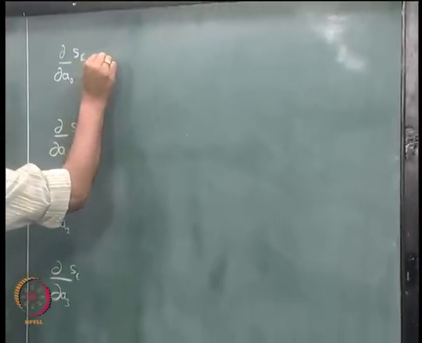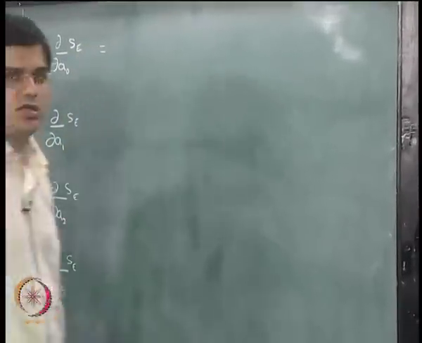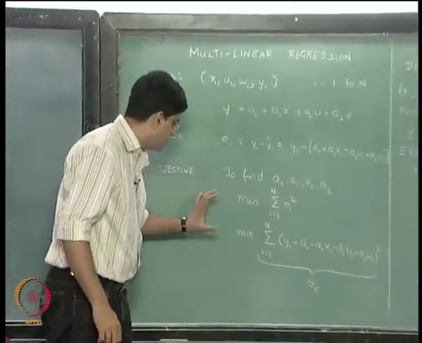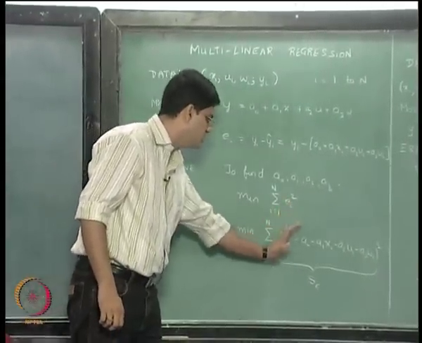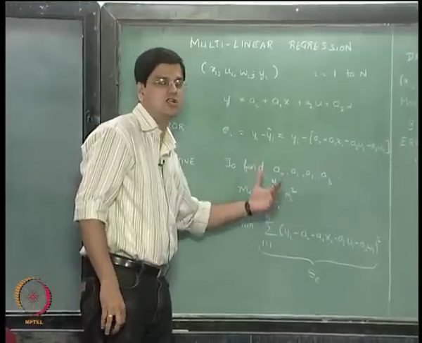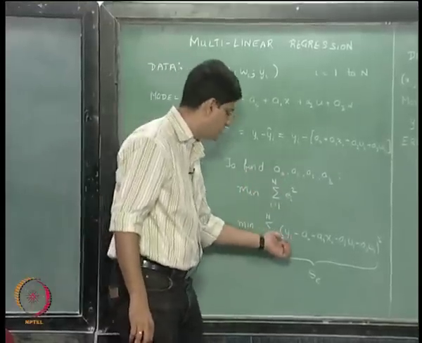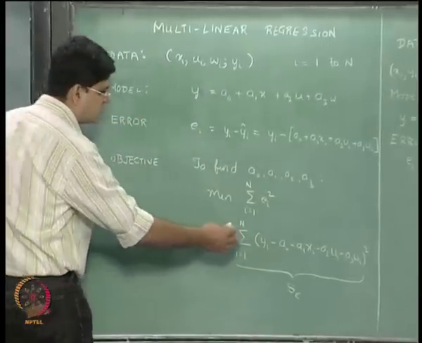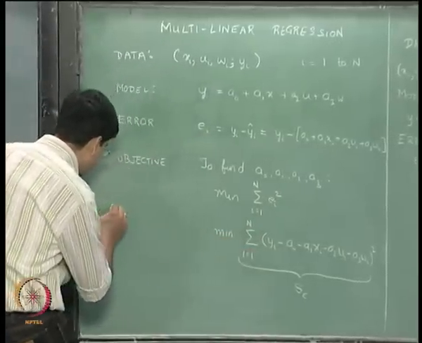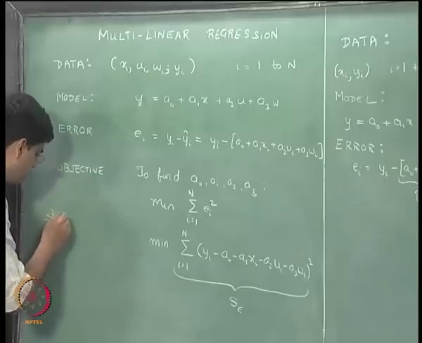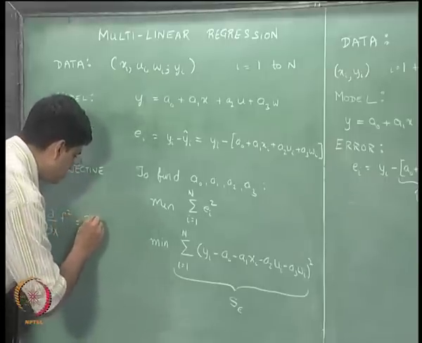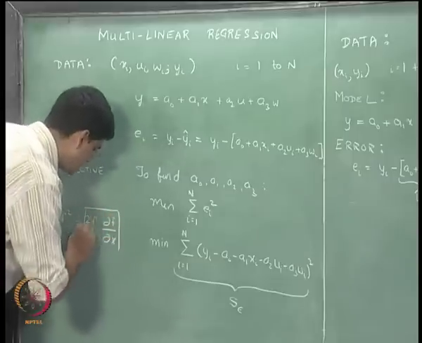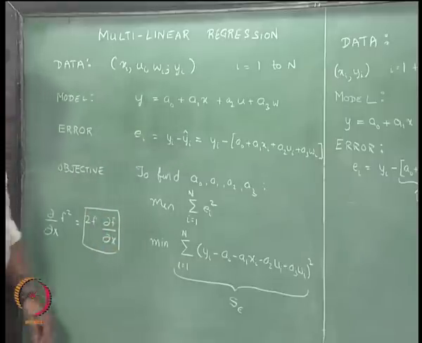Now keep in mind that we take the summation sign, the partial differentiation will go inside the summation sign because the differential operator is a linear operator. So let us say there is a function f, then d by dx of f squared is going to be 2 times f multiplied by df by dx.